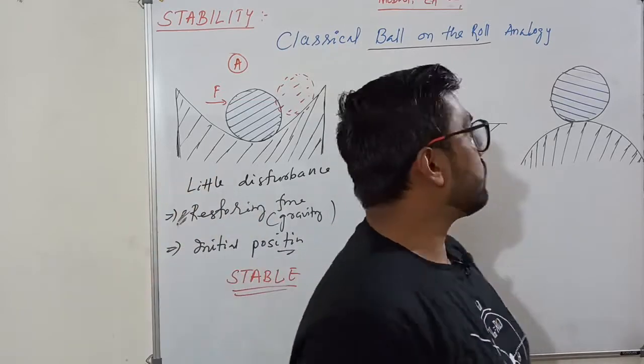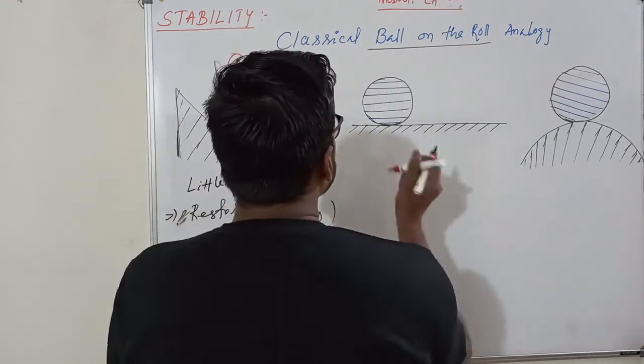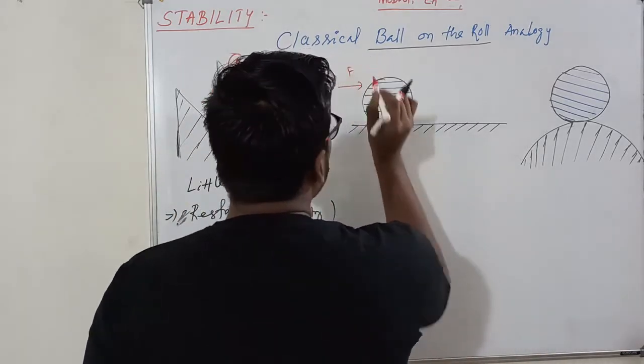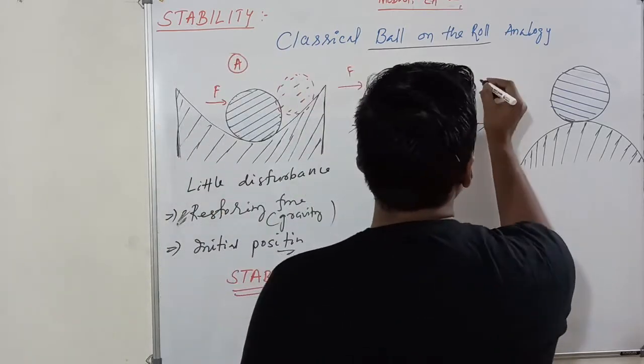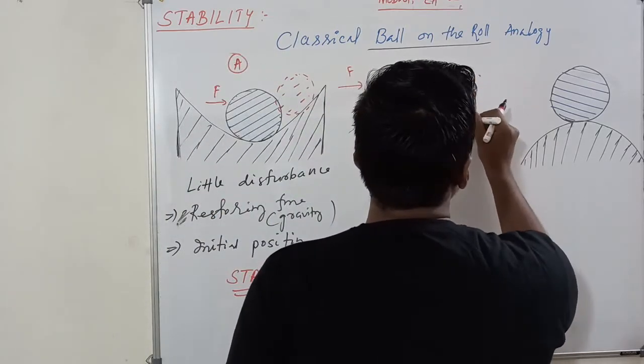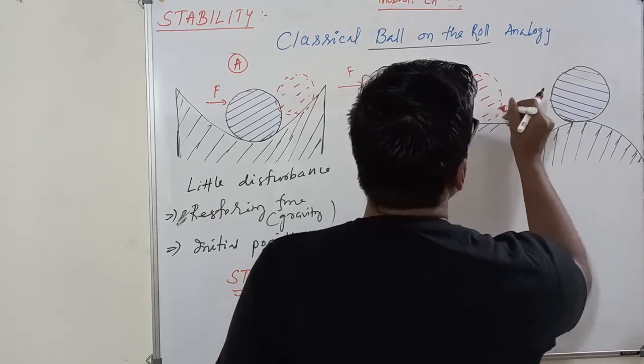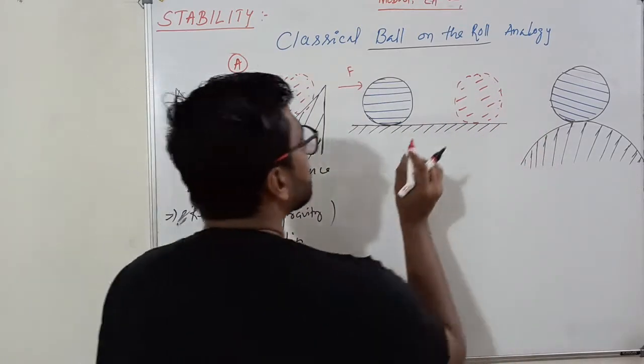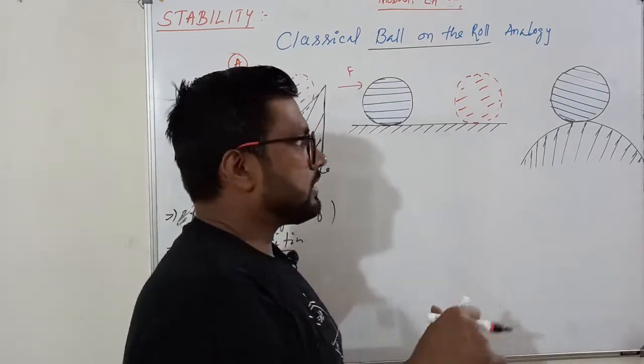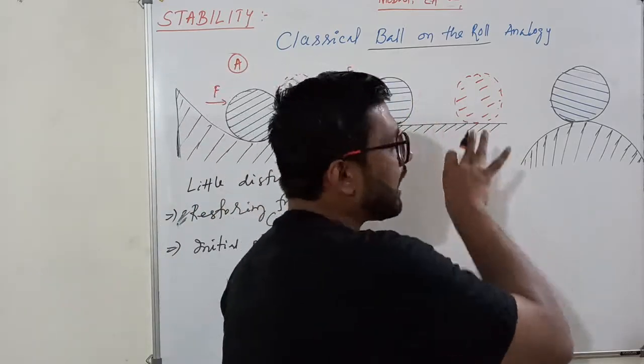Case A. Now case B, what will I do? Same, I'll apply some force here. After application of some force, the ball has come here. This is the new position of the ball. You have given some push, and the ball has reached here.